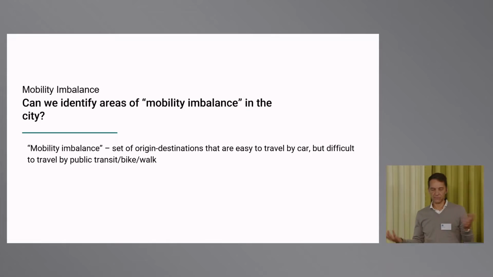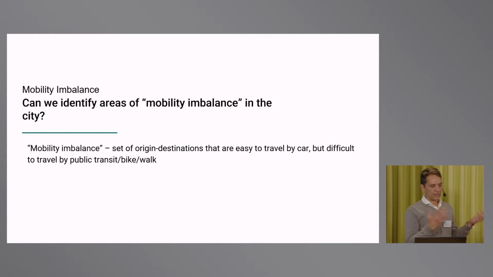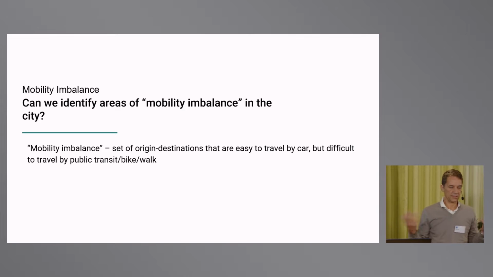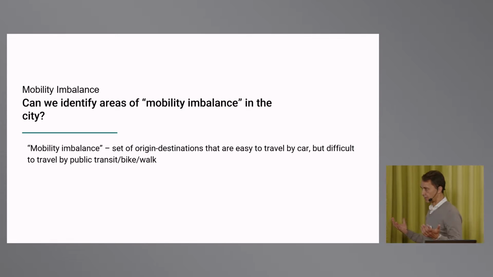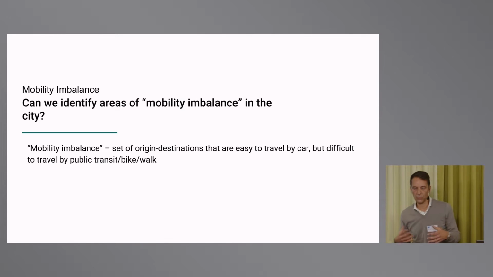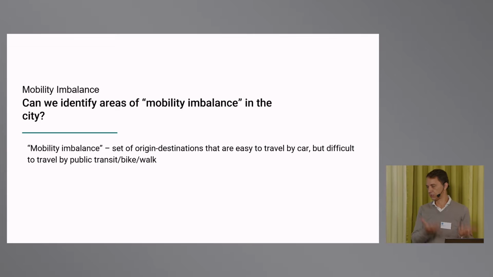The focus of the project was what we call mobility imbalance, but let's start to understand what we mean by this kind of informal term. The idea is the following. There are areas of the cities that if you want to travel between two areas, sometimes it's very easy to do it by car. If you have a car, that is a completely flexible way of moving around, you can decide when you start.